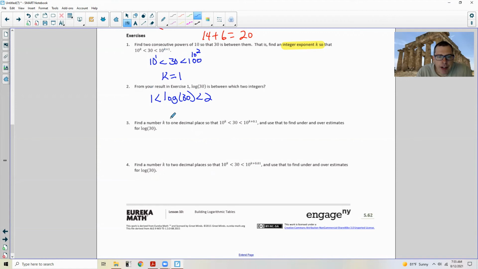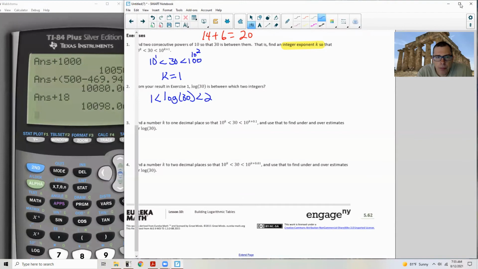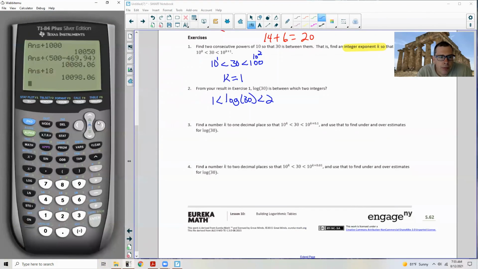All right, number 3, find a number k to 1 decimal place. So now we're getting more precise. In this case, I'll bring in the calculator. It says find a number k to 1 decimal place so that 30 is between 10 to the power of k and 10 to the power of k plus 1/10, and use that to find the under and over estimates for log 30.